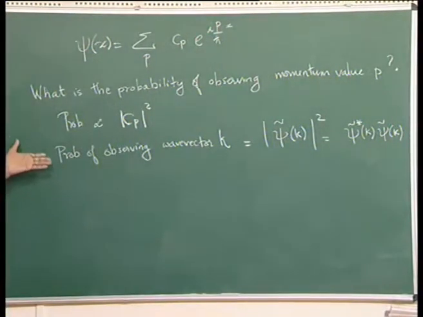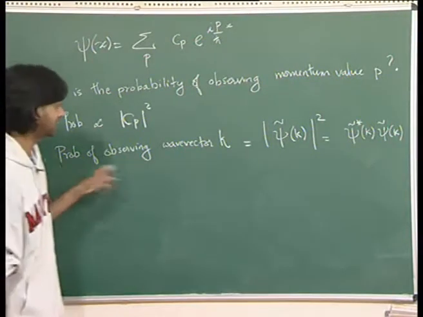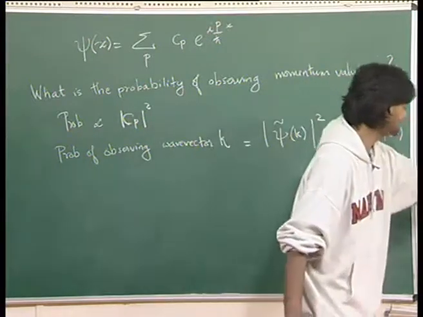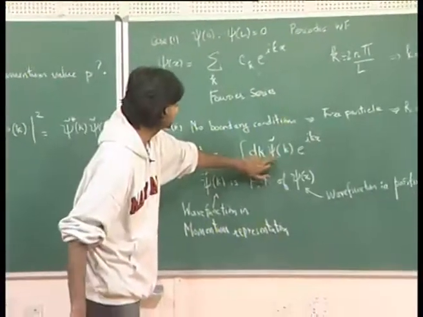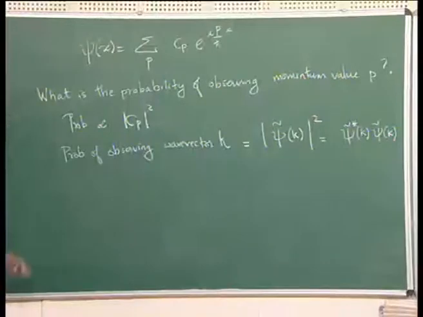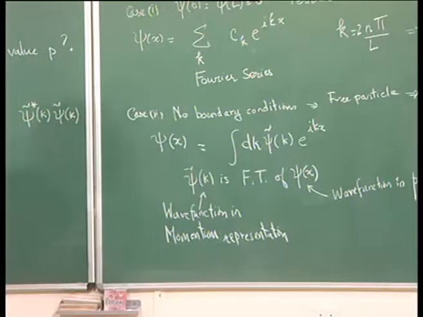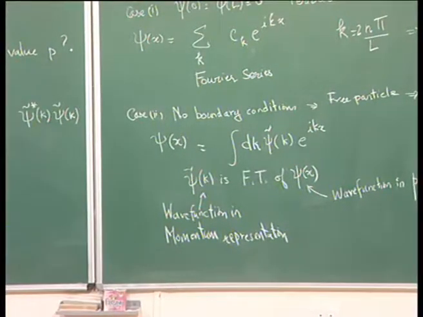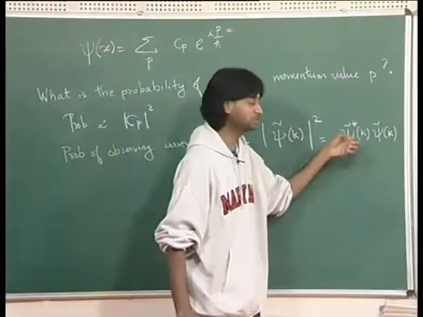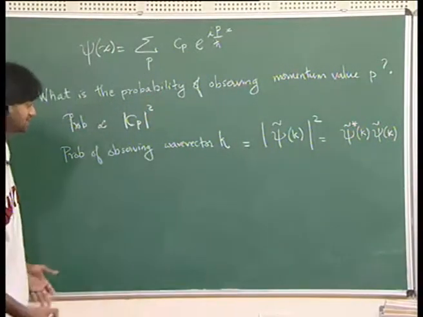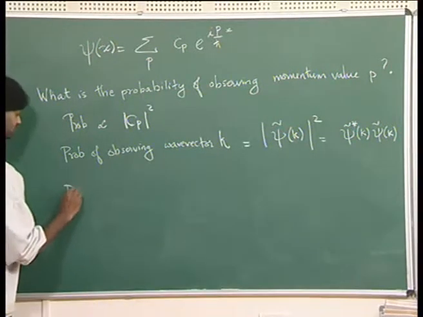So what is the probability that you will observe wave vector k? That is just psi tilde of k star psi tilde of k. Now you understand why psi tilde of k is called the wave function in momentum representation: if you want to find the probability of finding a certain momentum, you just do psi star psi in this representation.